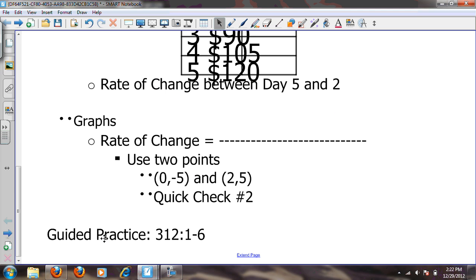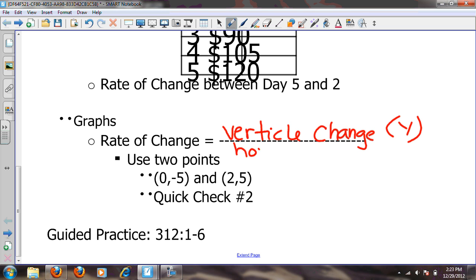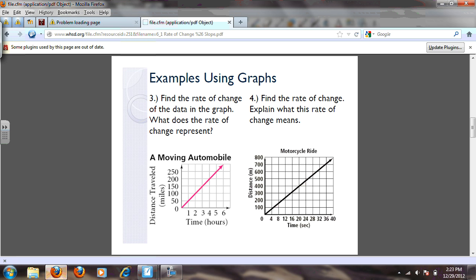So here, rate of change is the vertical change, which is the y, over the horizontal change, which is the x.